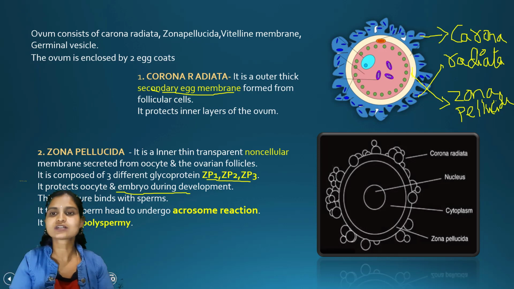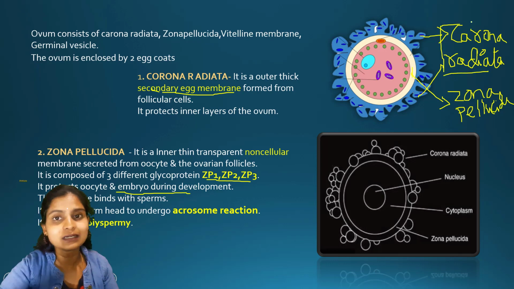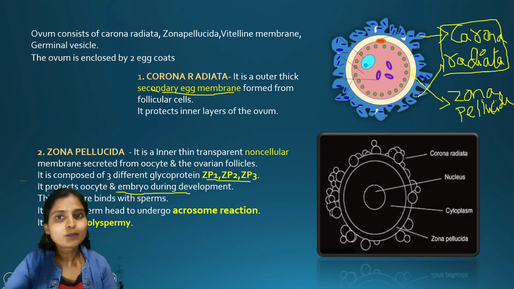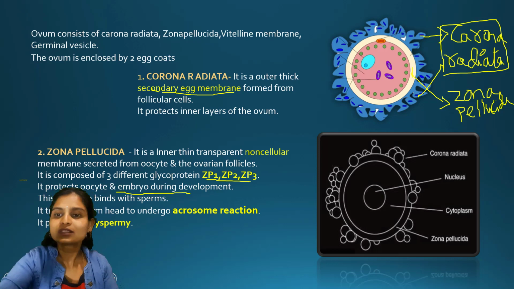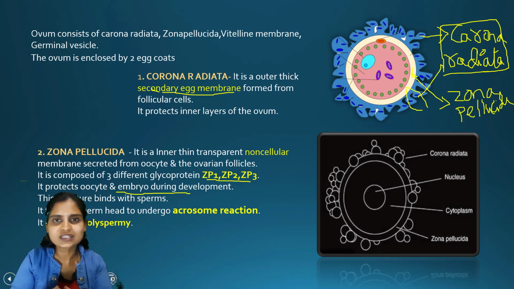During that process, the corona radiata cells are removed and degenerate. Then the sperm enters the zona pellucida. The sperm head reaches near the zona pellucida.